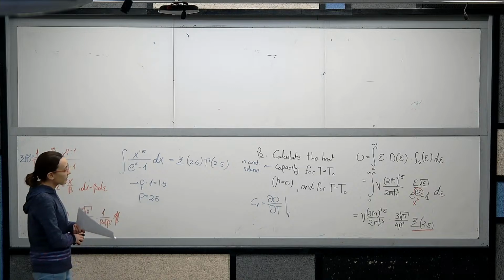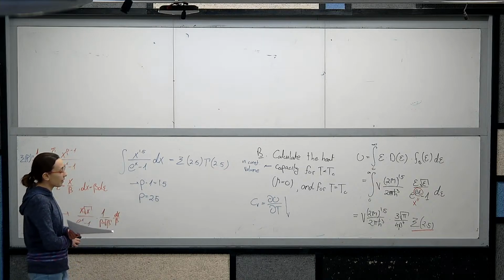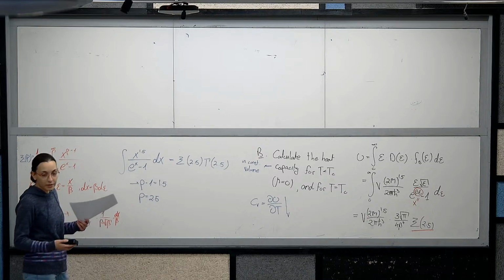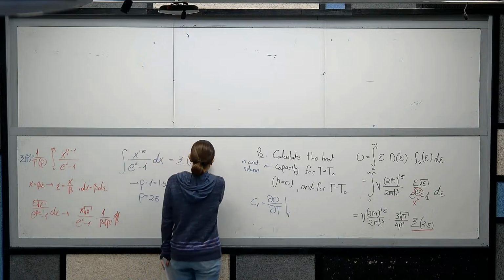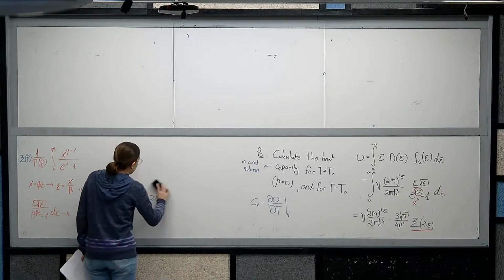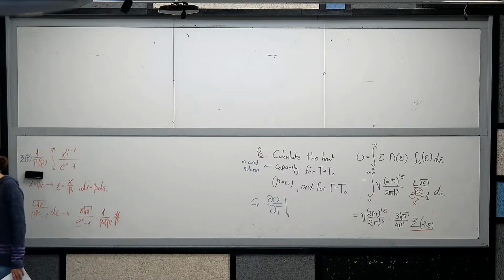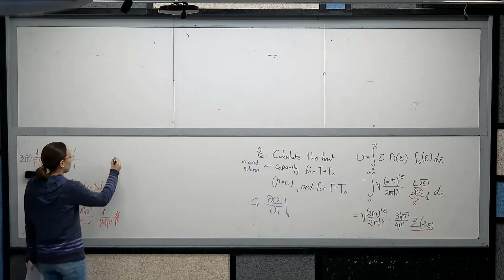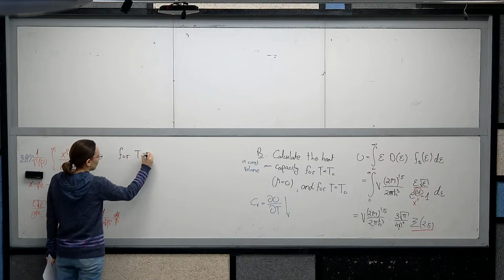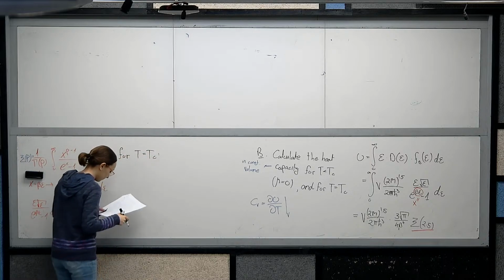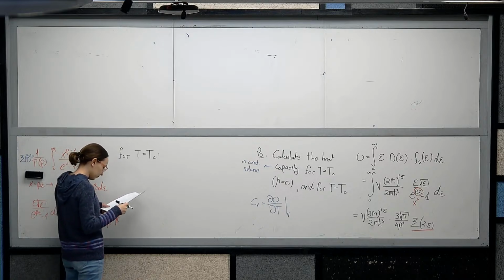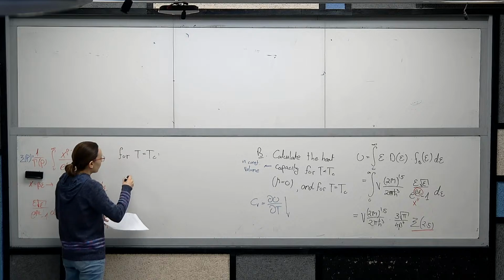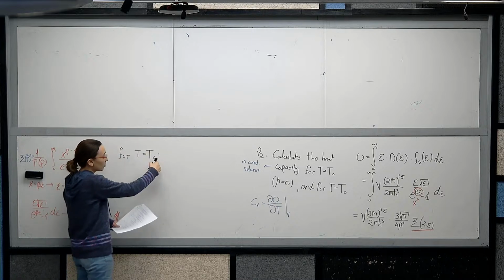So this is the heat capacity for temperatures that are lower than the critical temperature. And now we can get the specific value for the critical temperature. So what was our critical temperature?